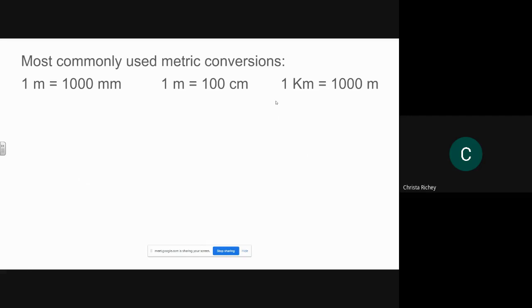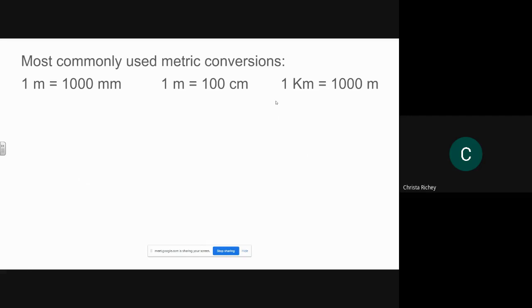And there are 1,000 millimeters in a meter. 10 to the third is 1,000. It's a 1 with 3 zeros behind it. That is what this means. It's 10 times 10 times 10. When you multiply powers of 10, you add the zeros together. 3 tens are 3 zeros.